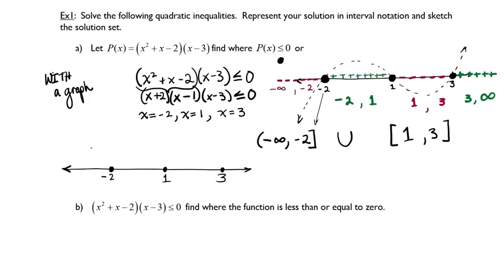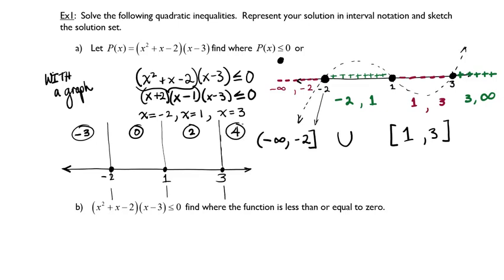So we pick a test value between negative infinity and negative 2, a test value between negative 2 and 1, a test value between 1 and 3, and then a test value from 3 to infinity. So I'm going to use a test value of negative 3, a test value of 0, a test value of 2, and a test value of 4.